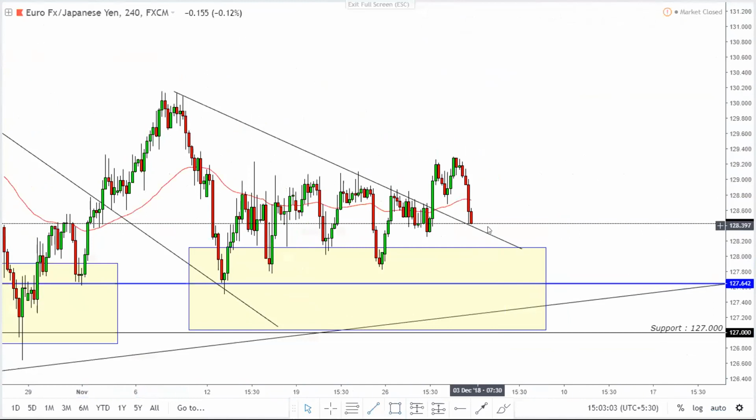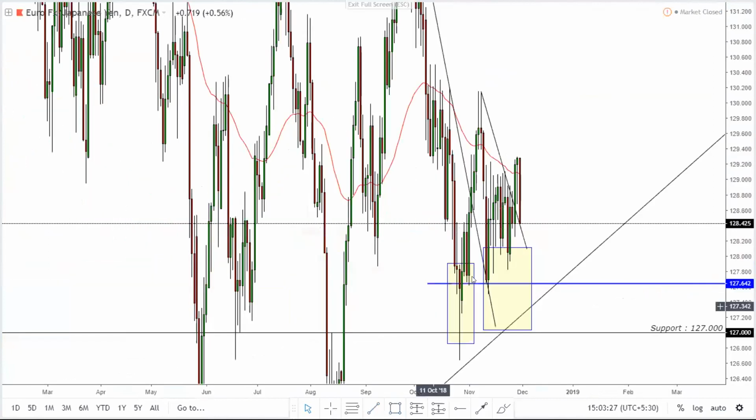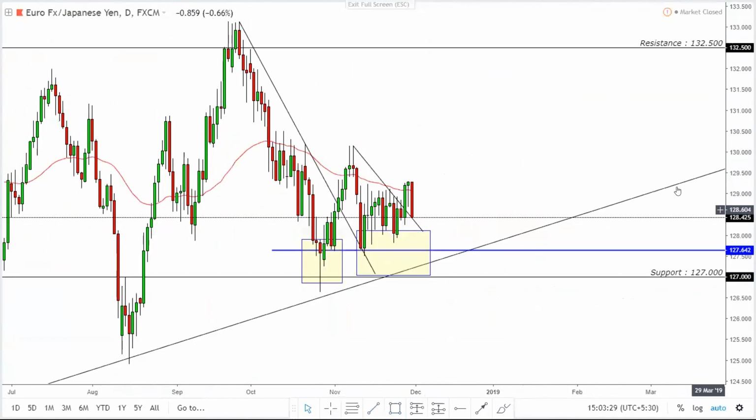If we see the bounce, then we can go long simply. Otherwise, we have a great support region, 128, then 127.500. This is a very great support, which is surely going to make this pair bounce from the region, and on the high time frame, it simply says bullish.